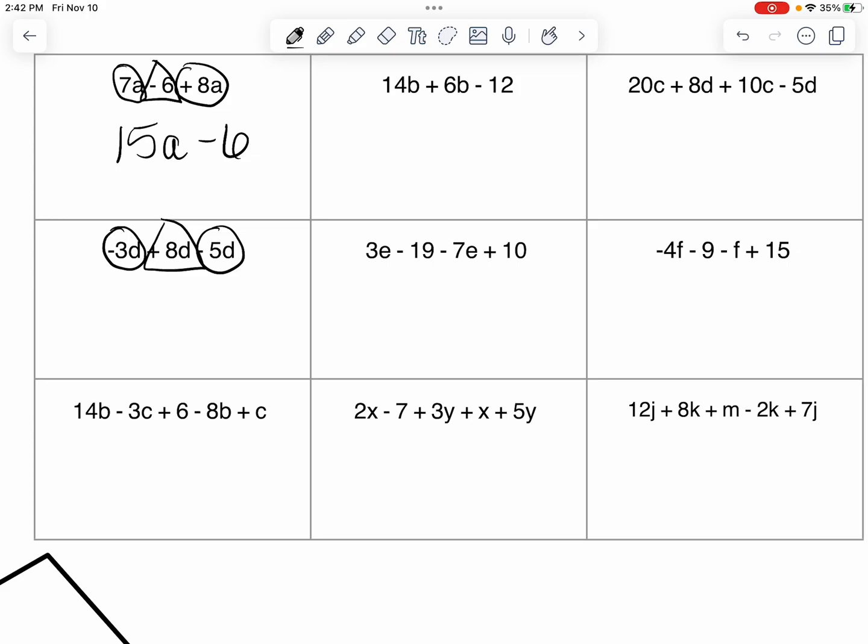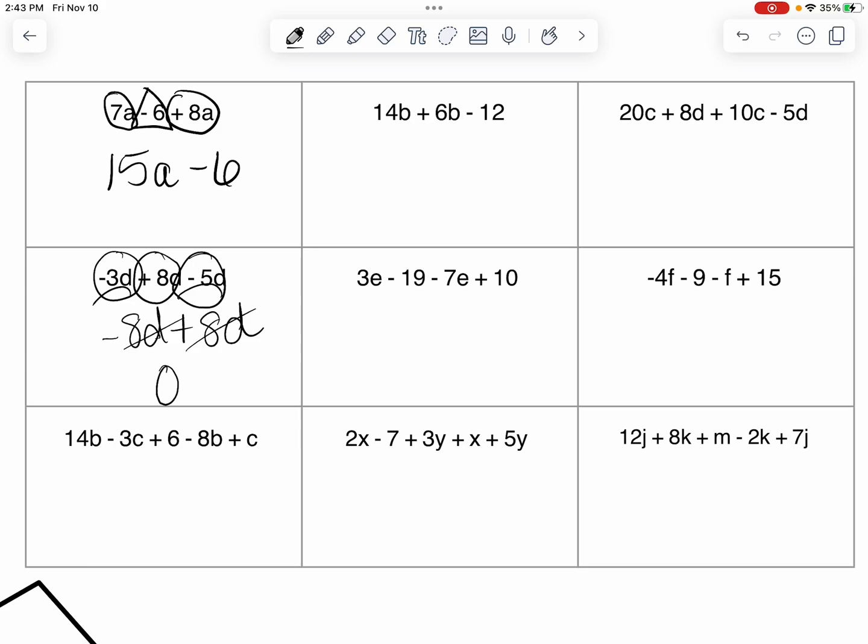Oh, Miss Bobby did something wrong. She should have circled all of them because all of them are like terms. Good job. So this would be minus 3D minus 5D, which gives me negative 8D plus 8D. So remember, now those cancel out, so I'm just going to have 0.